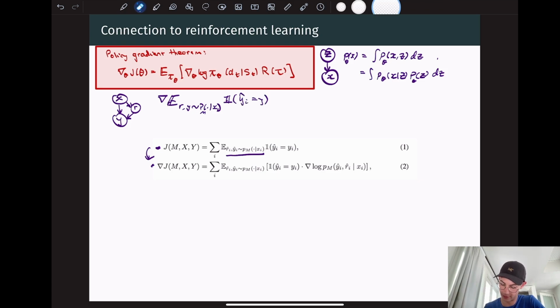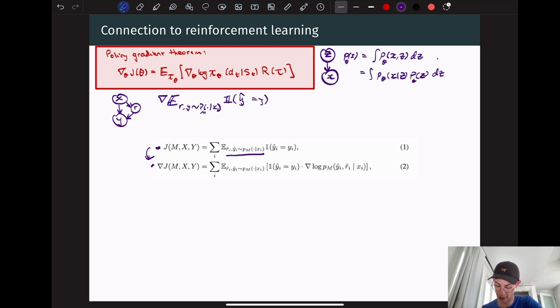Remember, the indicator function is basically the reward, and now we want to take the gradient of this expectation.